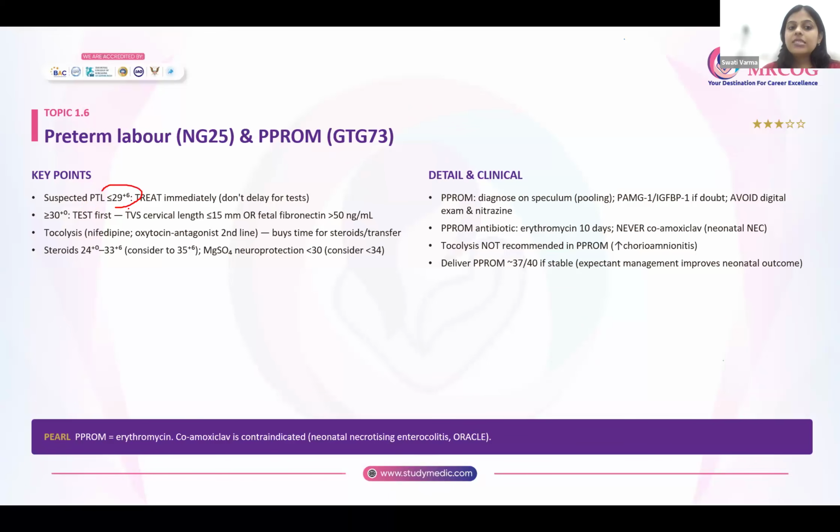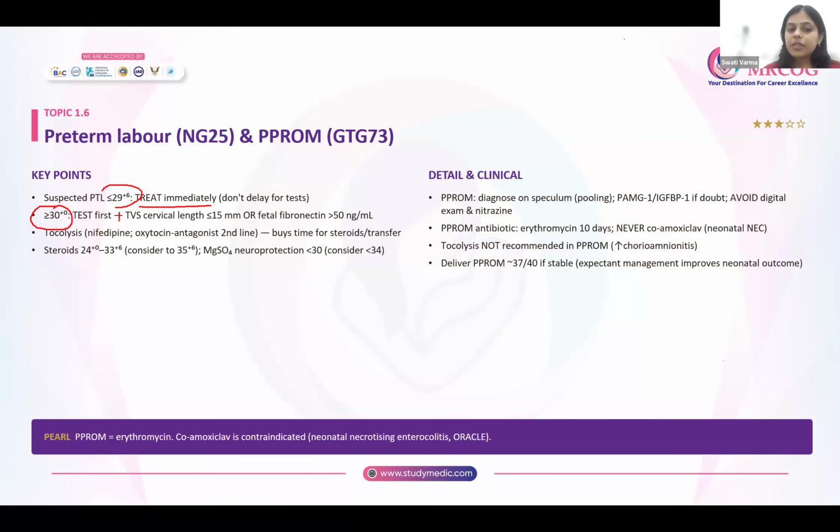If she is less than 30 weeks, that is up to 29 weeks 6 days, treat immediately without thinking. This is the gestational age at which she directly requires treatment. Don't delay for tests. However, if she is 30 weeks or more, then she should be taken up for test first.